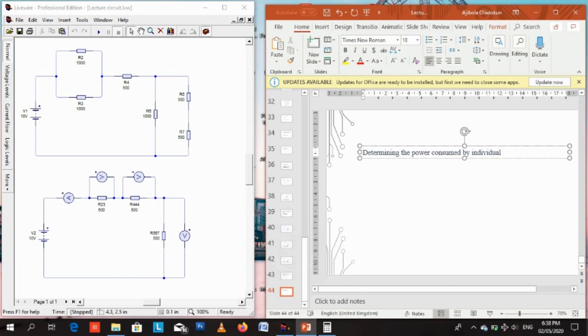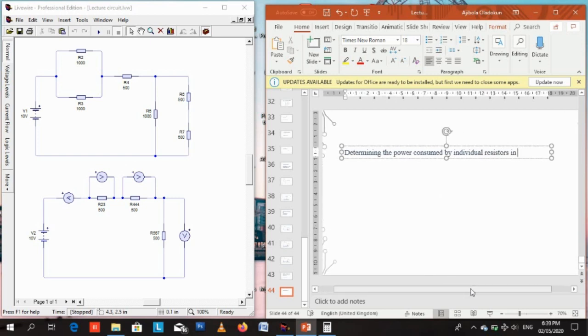So now we are done with current and voltage. Let's go to power, determining the power consumed by individual resistors in a series parallel configuration.